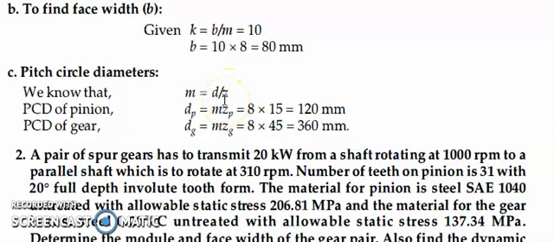In our data table, the first table that I discussed in the previous video, table 12.1, you can find all other values, like the PCD of gear and PCD of pinion. I think you can solve this question as I discussed.